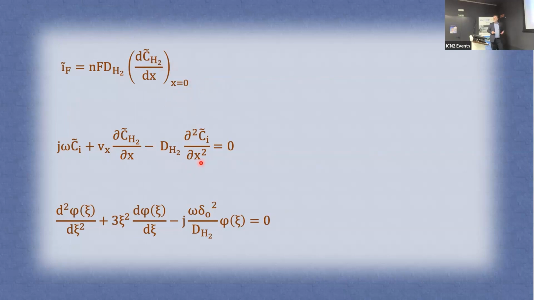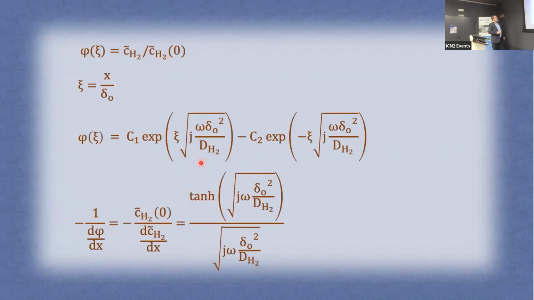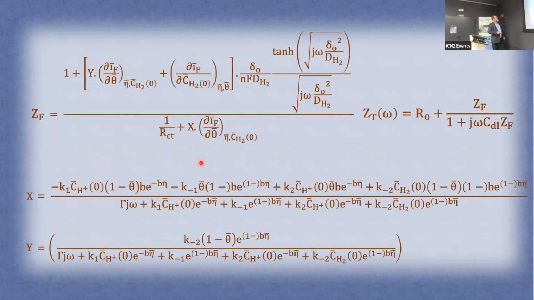So we have used Fick's laws and initial and boundary conditions. And we have obtained this transfer function, this Faraday impedance. And we have coupled the double layer capacitance.